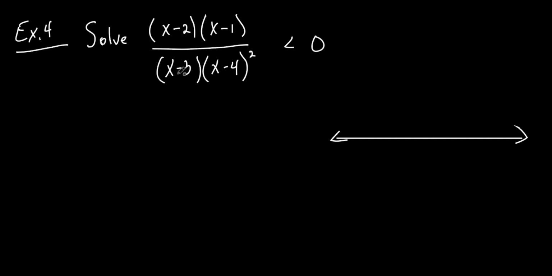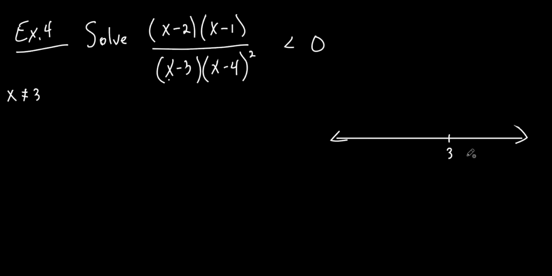So x can be 0. 0's fine, but it can't be a 3. So x cannot be 3. And that's probably why I should have written this down. I should have said x cannot be equal to 3. All right, and then come over here and we'll put a 3 right there, okay?